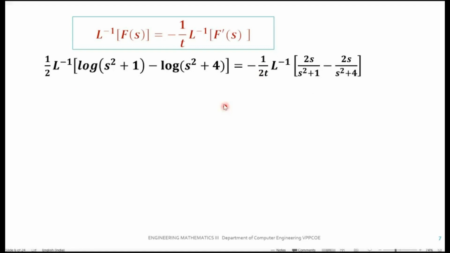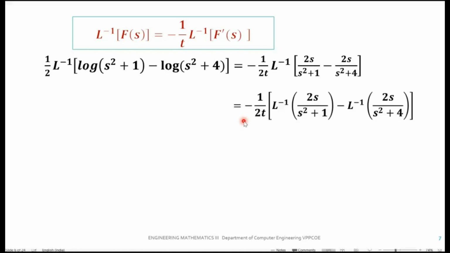So now minus 1 by 2t L inverse of 2s upon s square plus 1 minus 2s upon s square plus 4. I can separate the L inverse into both the terms, and 2 is the constant. L inverse of s upon s square plus 1 is cos t, and L inverse of s upon s square plus 4 is cos 2t. So I can cancel this 2 and I get the answer as minus 1 by t, or the minus can also be taken inside, 1 by t into cos 2t minus cos t.